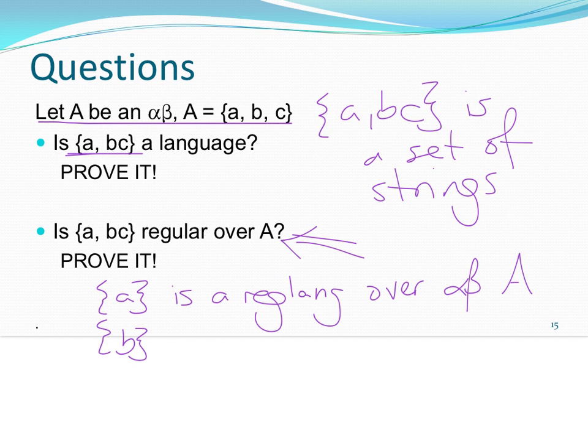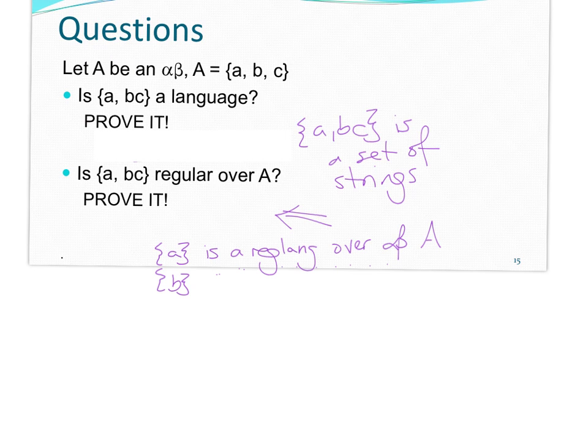And B is a regular language. Okay, and why is the set A a regular language over the alphabet A? Well, that's one of the base cases, definitions of regular languages. B is also a regular language over the alphabet A, same reason, base case.